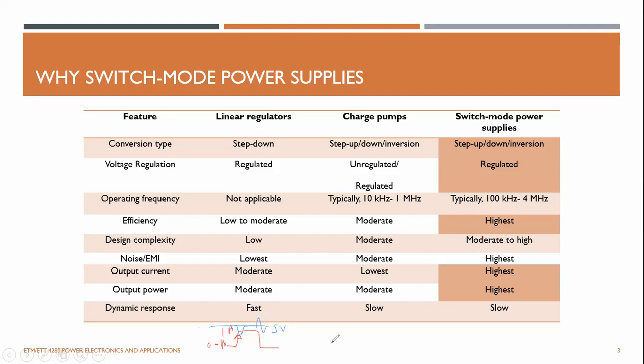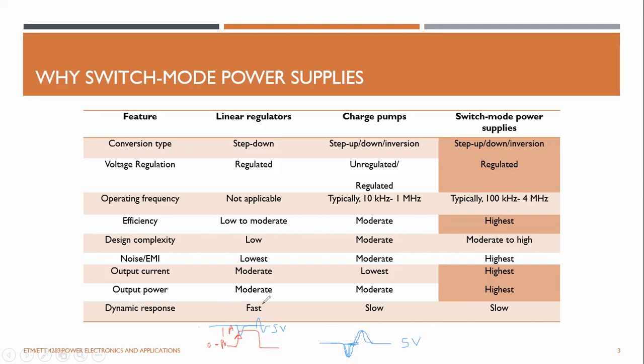So it's like this. This is your 5-volt reference, and this is your dynamic response, right? This time should be very short, which means it should settle down to the 5-volt immediately, and these kinds of peaks and bumps should be avoided.